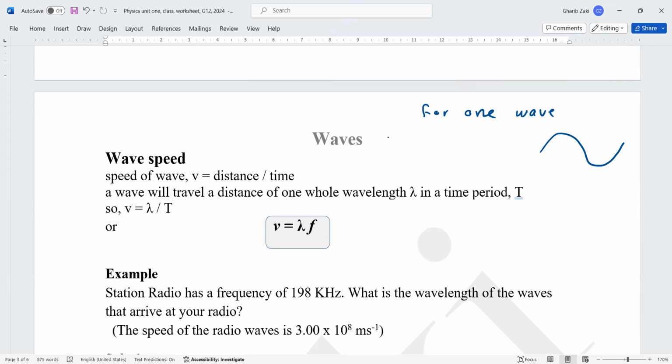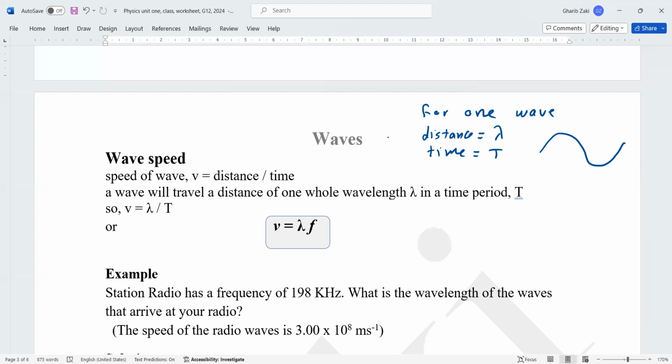What is the distance traveled by the point on the wave? The distance traveled is lambda. For one complete wave, the length of one wave is lambda. What is the time taken for one point to start and end at the wave? The time is the time period.